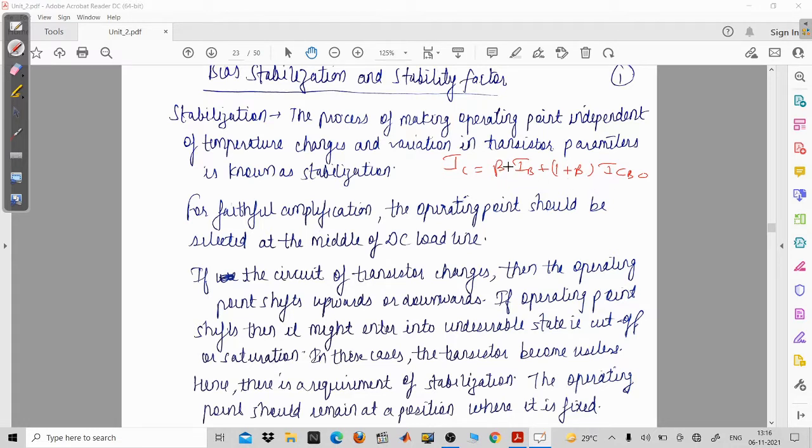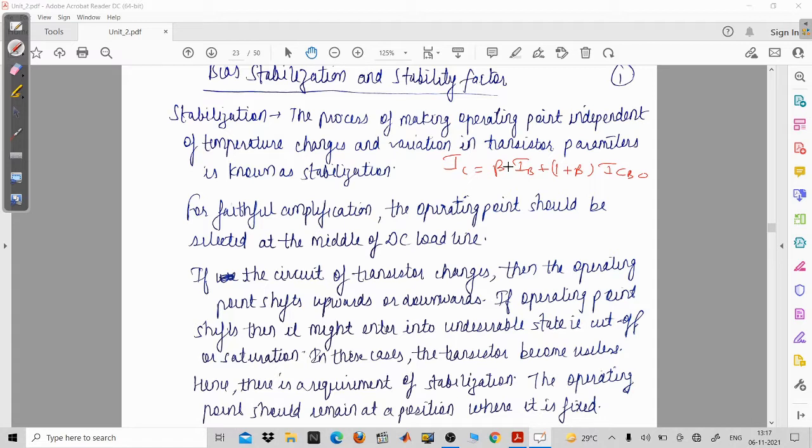Now, how is this beta going to vary the IC? Suppose you replace your transistor in the circuit, then the beta is going to vary. The beta will have different values for different transistors. Even if you take the same type of transistor, the beta is going to vary.